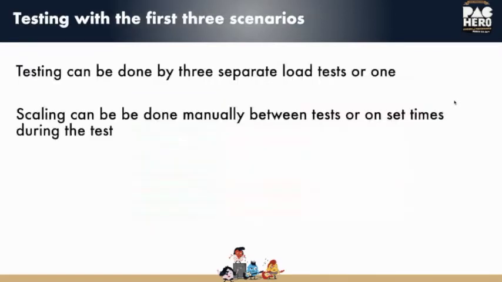And again, that scenario can be run in one test, or you can have a separate load test for each one of these scenarios. And the scaling in between these sizes can be done manually, because you're still figuring out what you'd want to do with autoscaling, or you can do it on set times during testing.